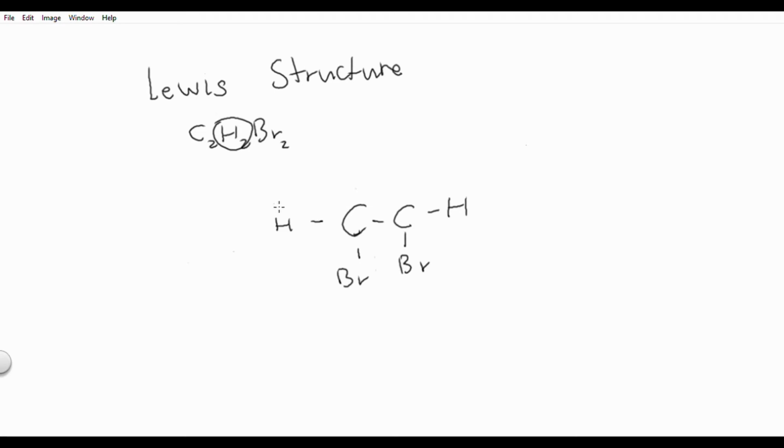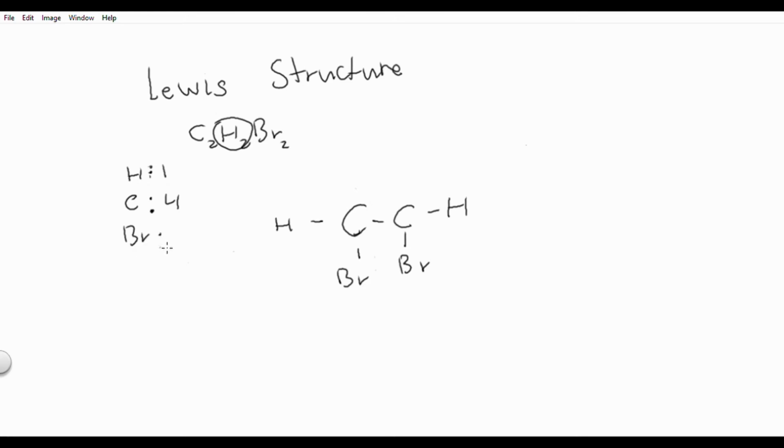Anyways, we need to count the total amount of electrons for every single one of them. I memorized bromine, carbon, and hydrogen because I'm so smart. So basically, hydrogen has 1 per atom. Carbon has 4.